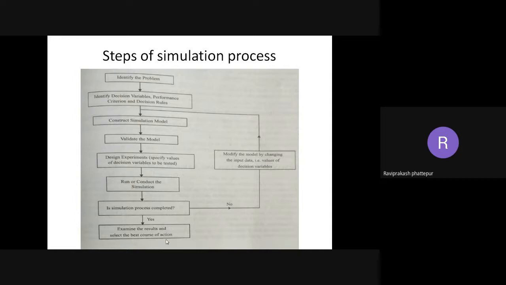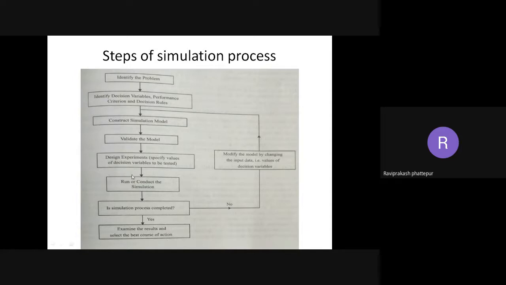The simulation will run thousands of times, and the system will learn, and it will happen in minutes or hours. If you start playing it, you may take days or months or even years to learn the whole thing, but the system can do it in a matter of hours. That is why simulation is very much important.